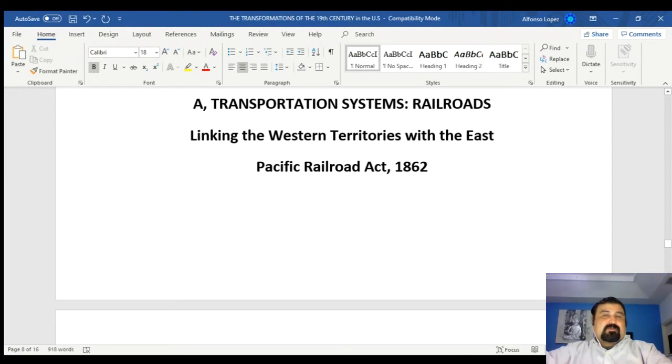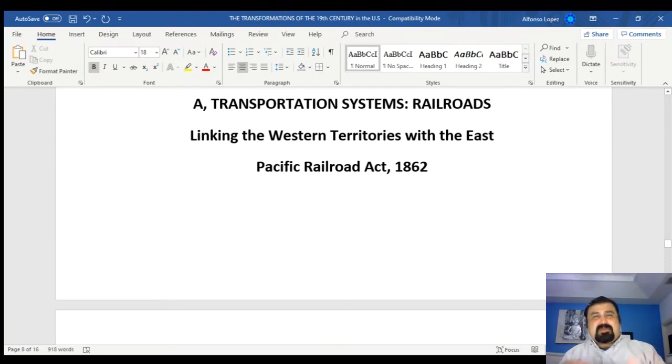It was important to provide transportation access to those enterprises and those settlements, because there's going to be massive production of goods taking place in the West. So it is necessary that those producers, those small or large independent producers, will find a market where the people actually are concentrated, and that is in the eastern states. So we need to build a railroad so whatever is being produced in the West can be shipped to the East.